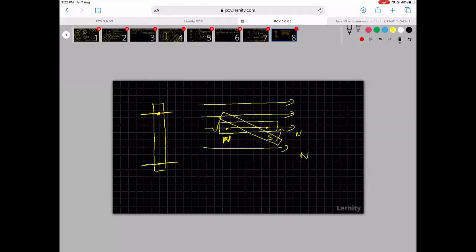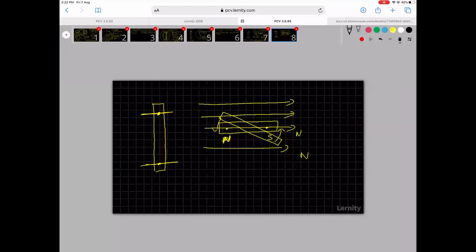So if placed in an external magnetic field, first understand that this is a little inside. So if the length here is equal to 2L, this length will be a little less than that.